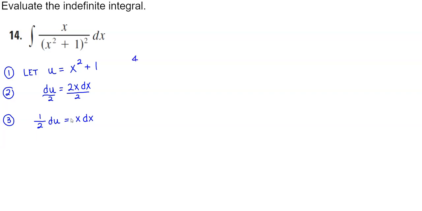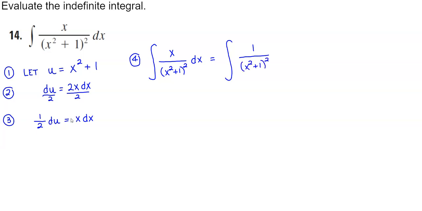Okay, so now let's rewrite the original question. So we have x over x squared plus 1, squared, dx. And before I do anything, I'm just going to rewrite this as a fraction. This is 1 over x squared plus 1, squared, times x dx.